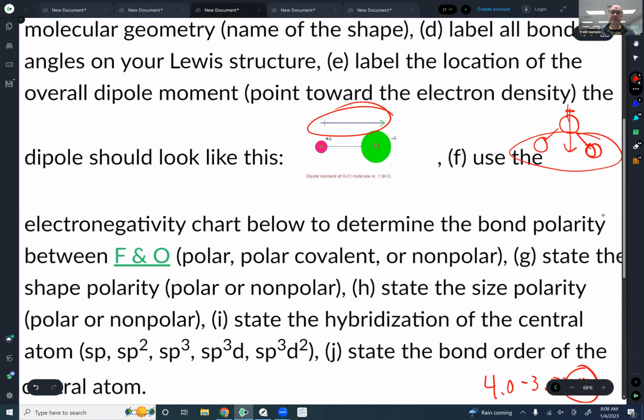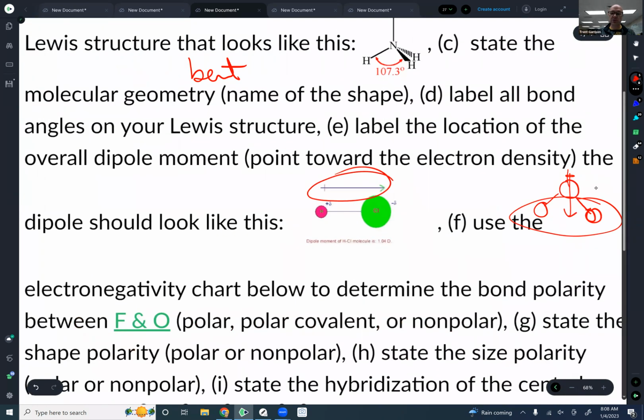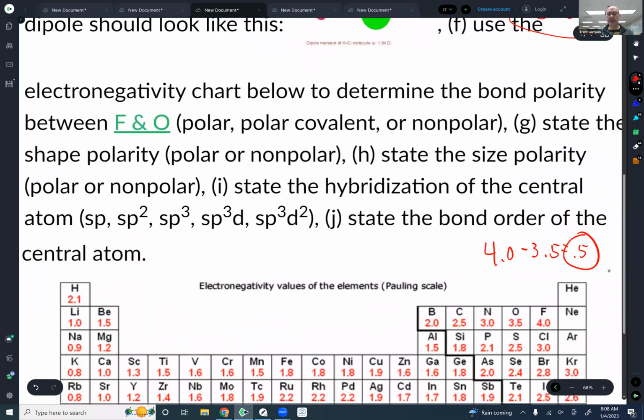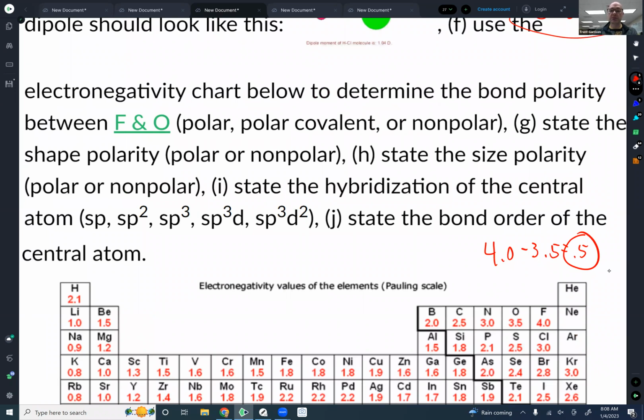So we would want that answer to be, let's see, it's small enough that we would want it to be nonpolar in here. That difference is small enough. State the shape polarity. Based on the shape, all bent molecules are polar.